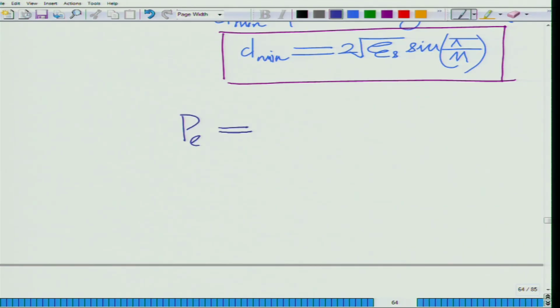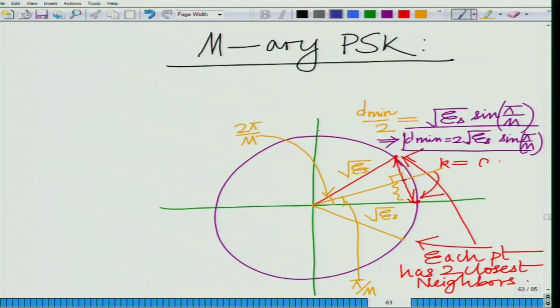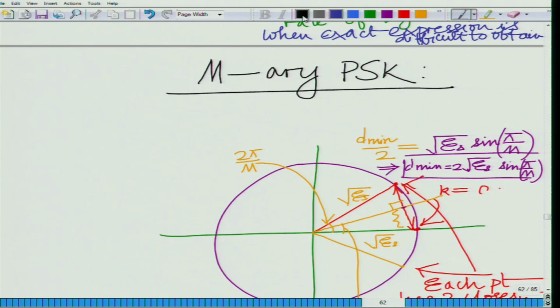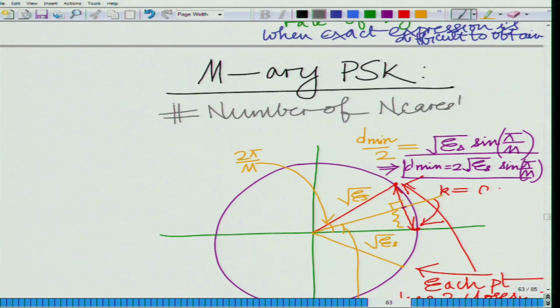In fact, thanks to the result that we have, the probability of error is alpha times Q, where the number of nearest neighbors alpha equals 2, let us note that.